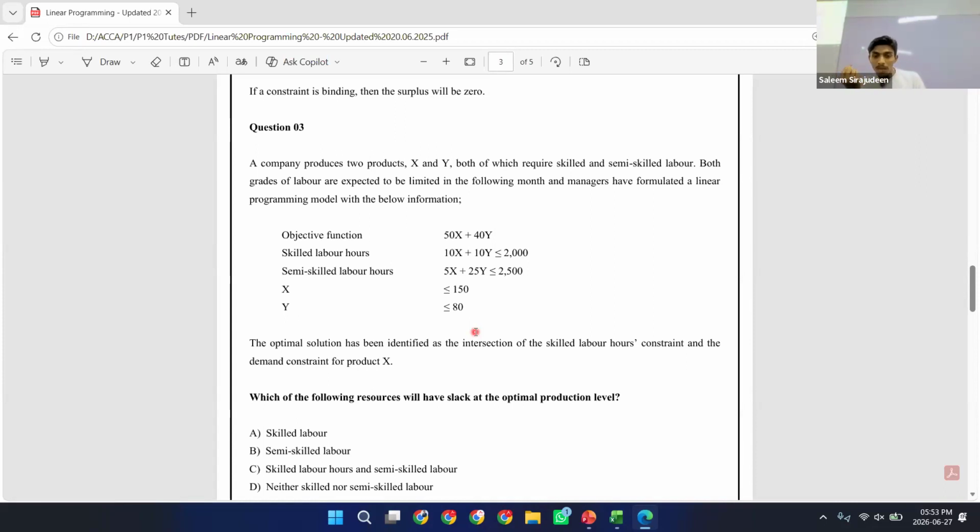No. Semi-skill labor, is that correct? Yes. Wait, skill labor hours and semi-skill labor, is that correct? No. Neither skilled nor semi-skilled, it is not correct, right? So which resource will have the slack here? Semi-skilled labor. So the correct answer is option B. Option B. So underline that answer. Option B.